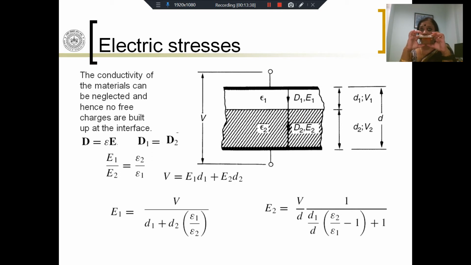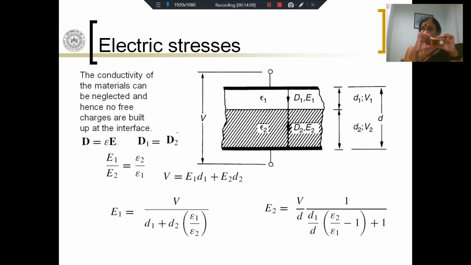Even if I do not make sure that there is proper bonding at the surface of the two materials, there will be an infinitesimal air gap between the two materials. As a result, you will have a very small infinitesimal gap distance D1, which is filled with, let's say, air, permittivity epsilon 1, and here electric field E1 will become very high.